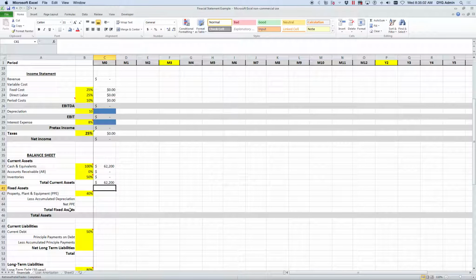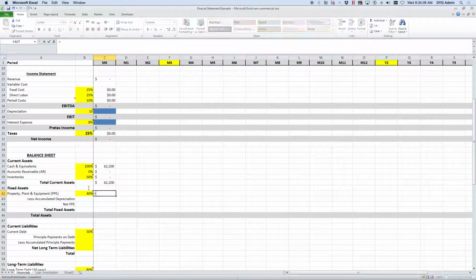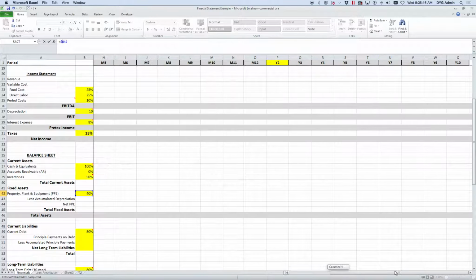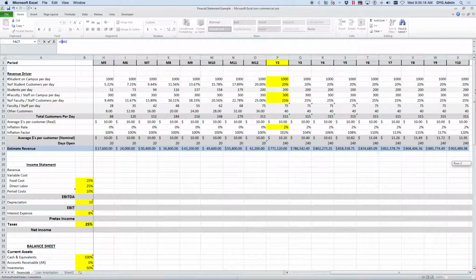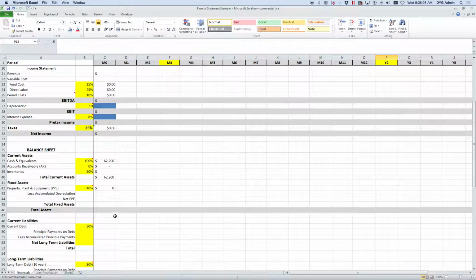All right, what about fixed assets? We said they're going to be 40% of the year 2 revenue, so equals 40% of year 2 revenue. The idea behind making that a percentage in that case is pretty straightforward.